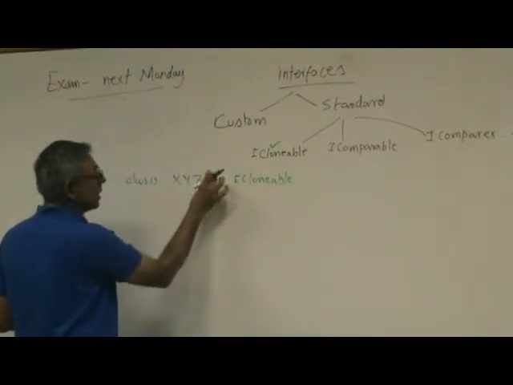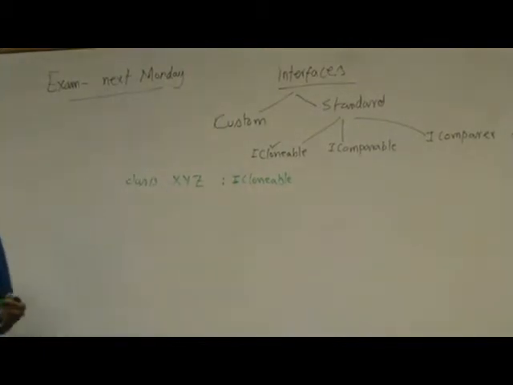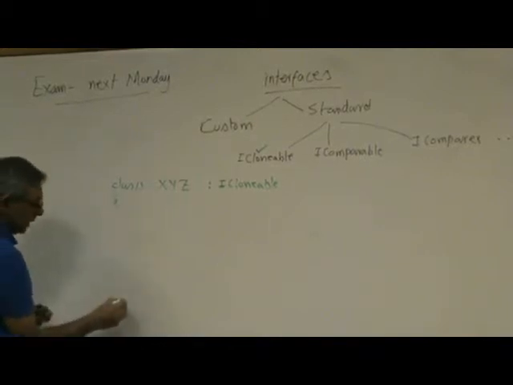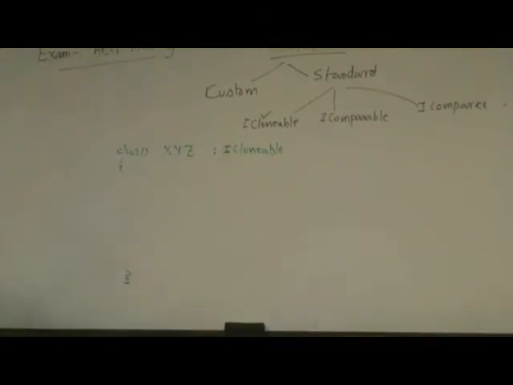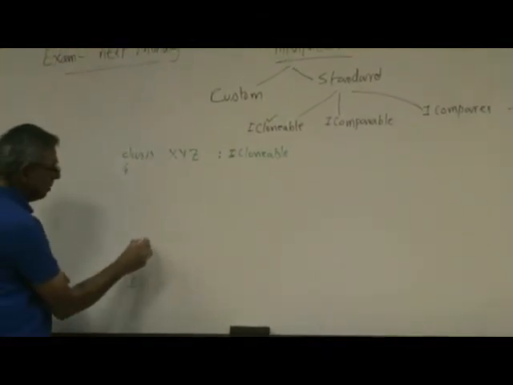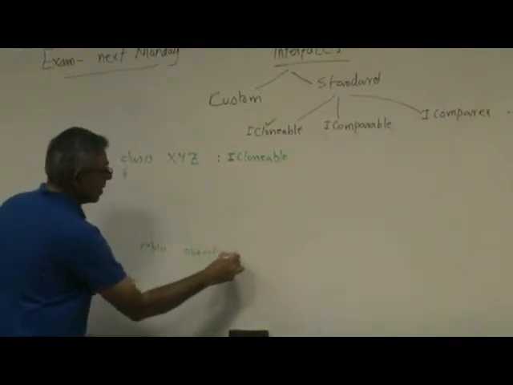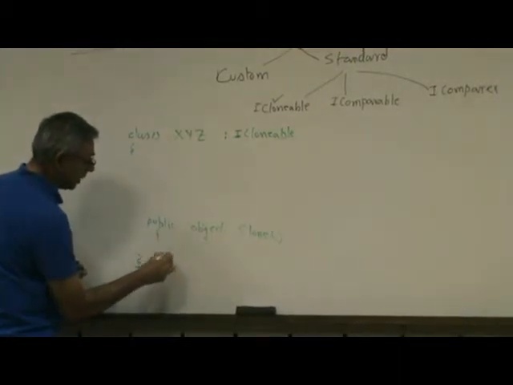C# uses the same syntax as inheritance for implementing an interface, because interfaces act as base references for all practical purposes, right? So as soon as we do this, and if you right-click on it through quick actions, implement interface, it will give you a public object Clone method.